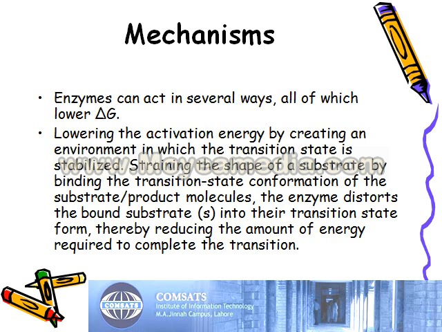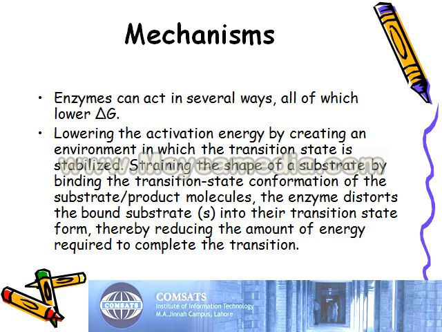Now I will tell you about how a catalyst is used to minimize the activation energy. Enzymes can act in several ways, all of which are used to lower the activation energy. One is lowering the activation energy by creating an environment in which the transition state is stabilized, steering the shape of the substrate by binding the transition state conformation of the substrate product molecules.